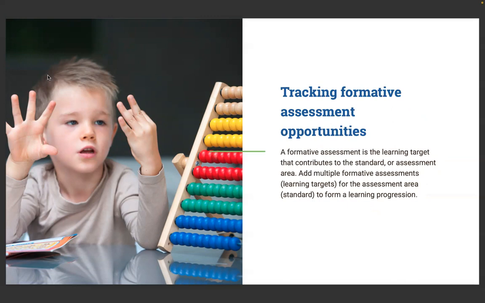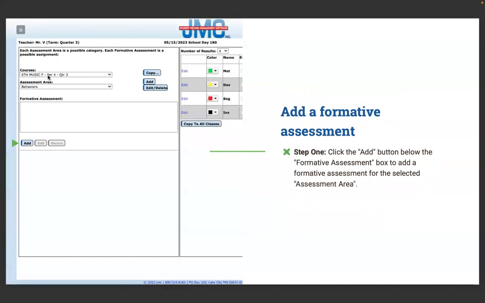Some folks like to call an assessment area a unit, which you can categorize your formative assessments by unit. That's absolutely a viable option. But if you think of a formative assessment as the piece, the target, the essential learning that you are formatively assessing throughout the term, that's probably the best way to think of it.